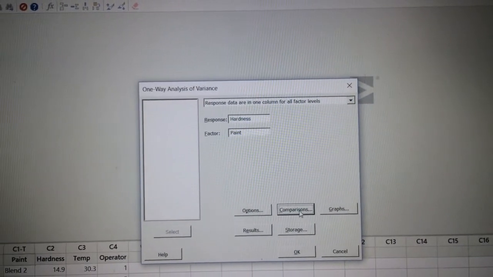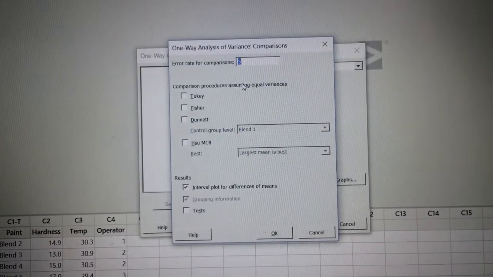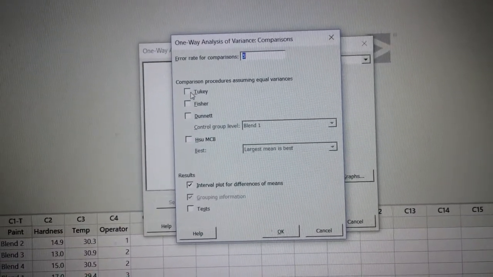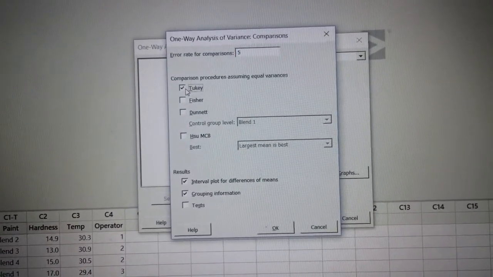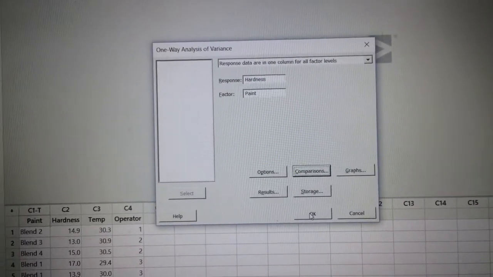To determine the family error rate, we just need to select the Comparisons tab, which is located here in the One-Way Analysis of Variance. So just click Comparisons, and then under comparison procedures assuming equal variances, we have here Tukey. Select it, and then OK. And select OK.